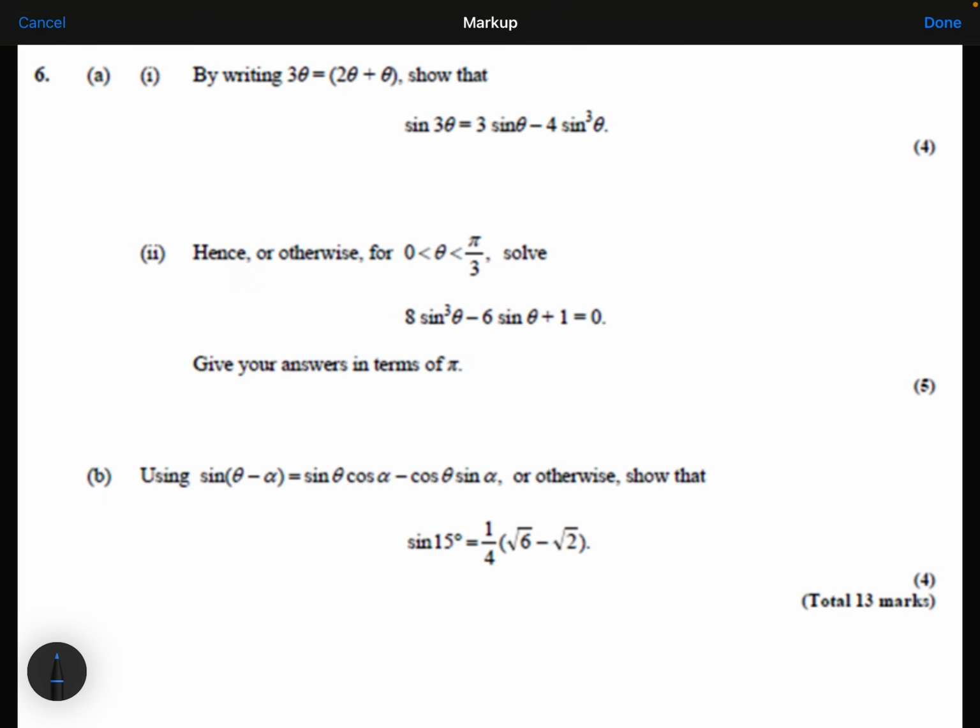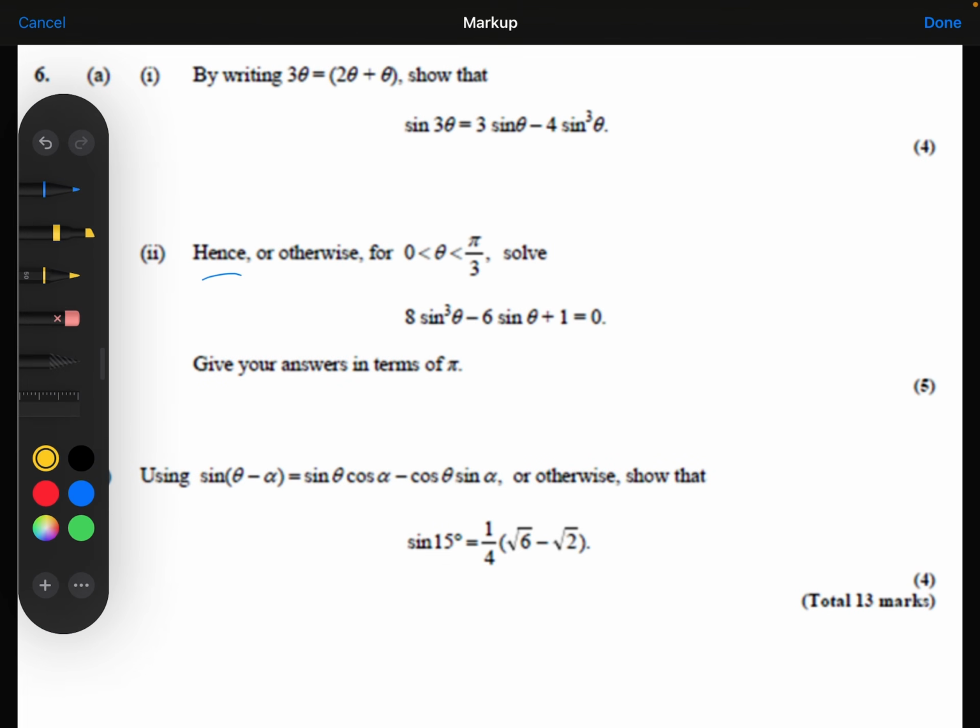Hence, or otherwise, for theta between 0 and pi over 3, we need to solve this equation, giving our answers in terms of pi. Well, it says hence, so let's use what we just did in part A. So let's compare my equation with what I did in part A. So we've got this, and I'm comparing it to this.